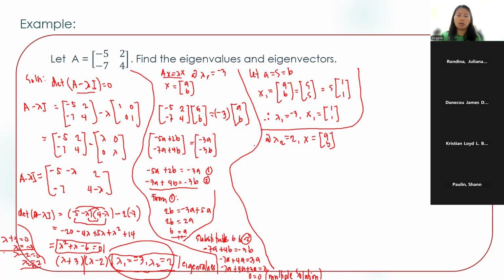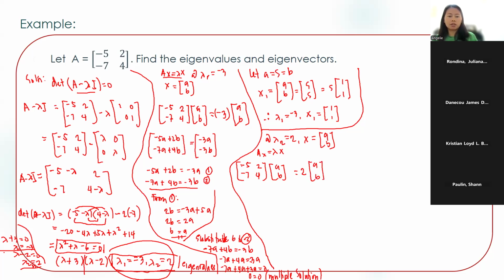Next, we use the equation Ax equals lambda x. Substitute the values. We have negative 5, 2, negative 7, 4. Your x again is a and b. This is equal to 2 now for your lambda, and then the same a and b.